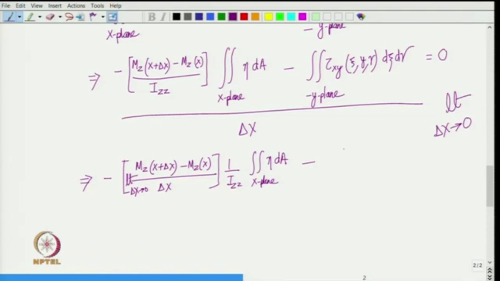So, we now have integration only along the x coordinate, which goes from x to x plus delta x, and we have the width outside b, and we have tau x y of zeta comma y d zeta, right, and then we have to also divide by delta x here.